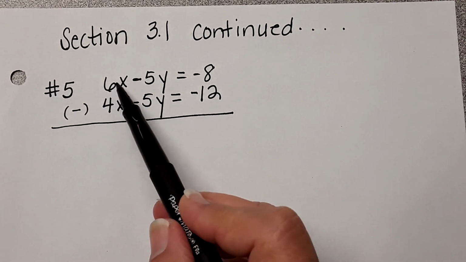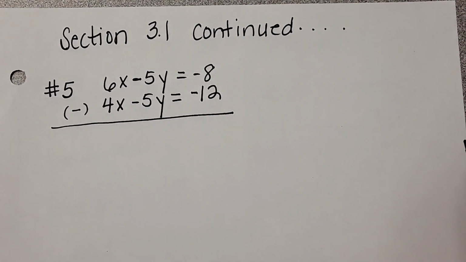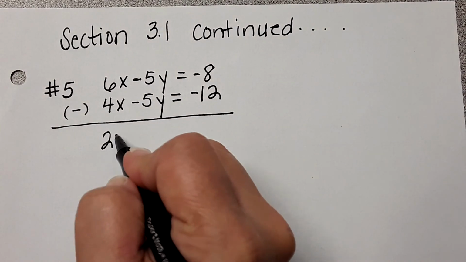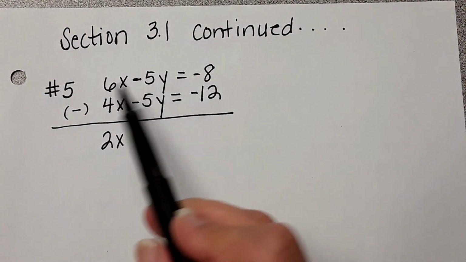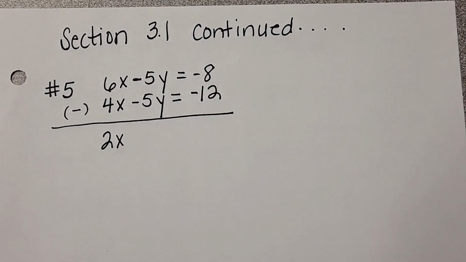So 6x minus 4x is 2x. -5y minus -5y is 0. We eliminated it. That's why it's called elimination.